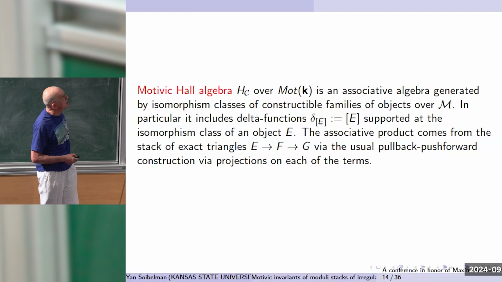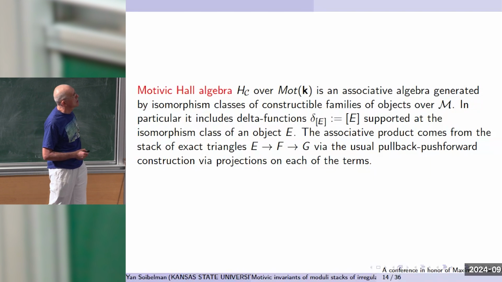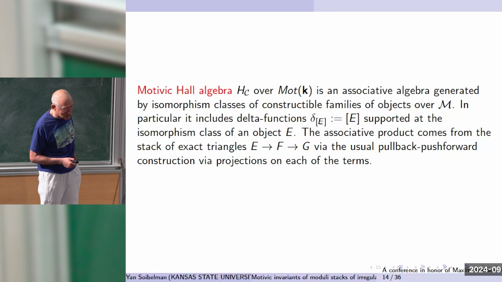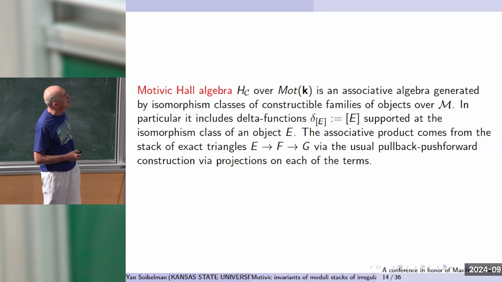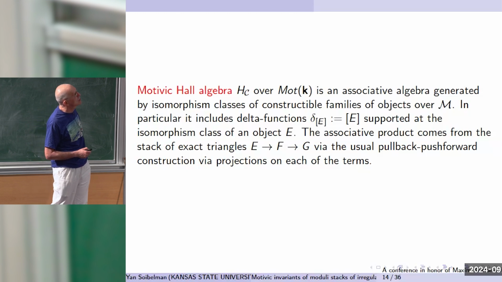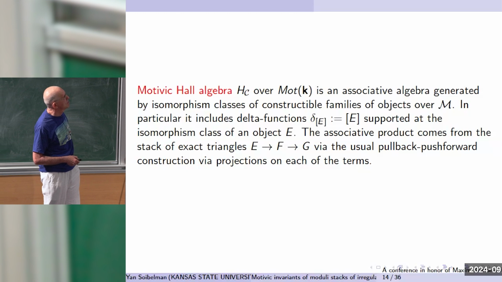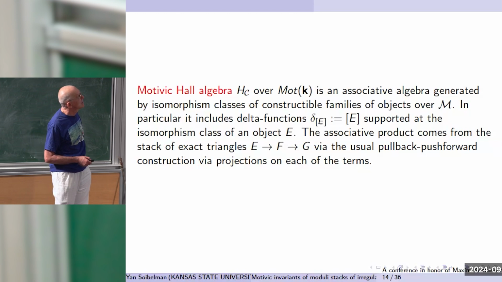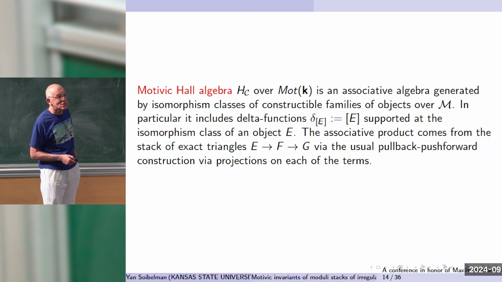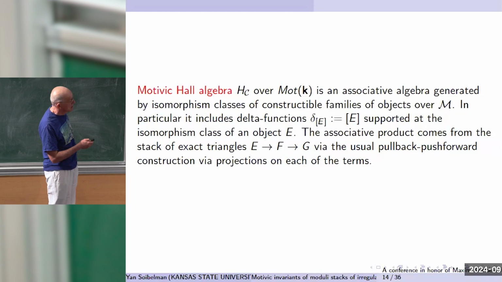And the associative product on this algebra H_C comes in the standard way, like in any Hall algebra. It comes from the stack of exact triangles, or we did it in a triangulated framework, but you can do it in the abelian one. So you consider exact short sequences. You have 3 projections to the 3 terms, and you do the pullback, push forward construction, which gives you structure constants of some associative algebra, which is known as the Motivic Hall algebra.